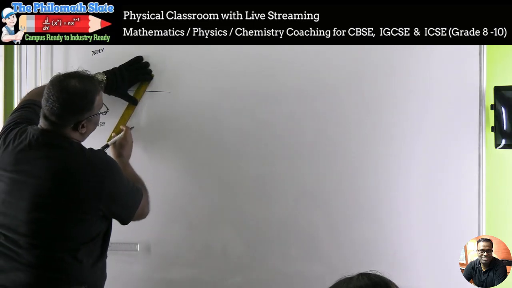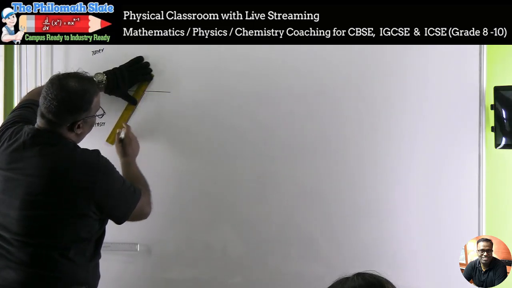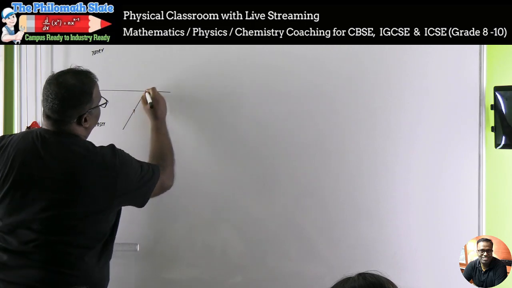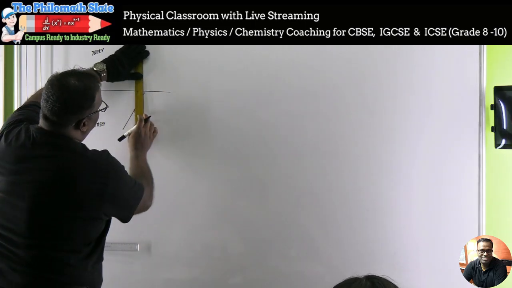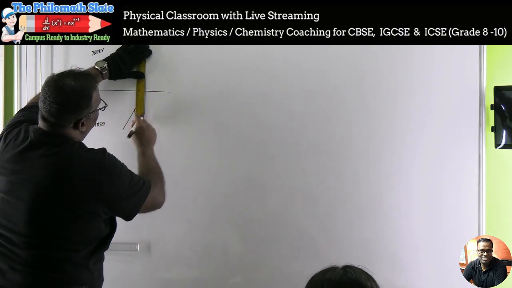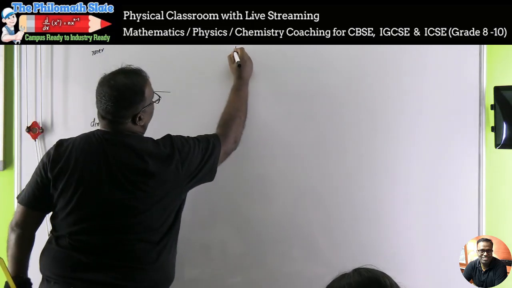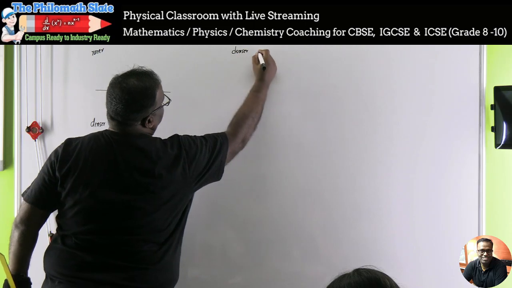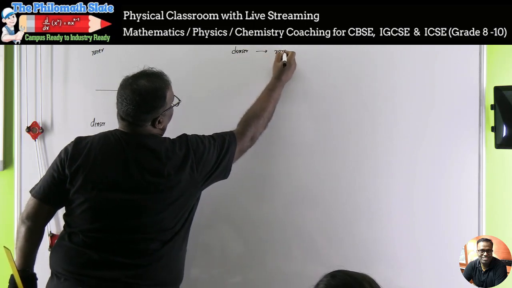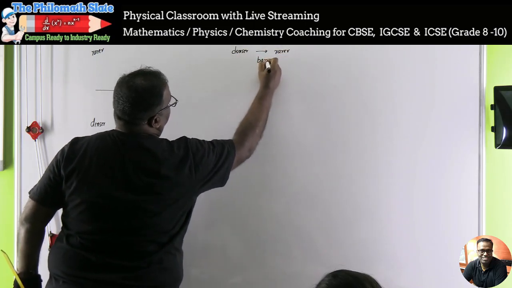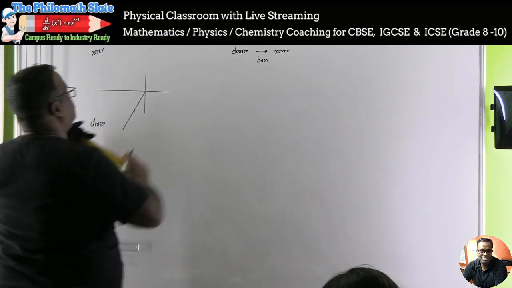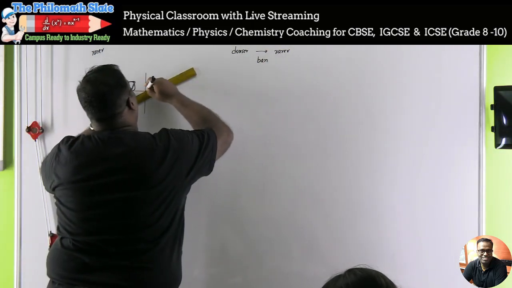Let's make some incident angle ray. Suppose this is an incident ray. I should be able to make a normal here. This is the normal. Now, how are you going? Your motion is like this. You're going from denser to rarer. So it should bend away from the normal. So how should you bend? You should bend somewhat like this.